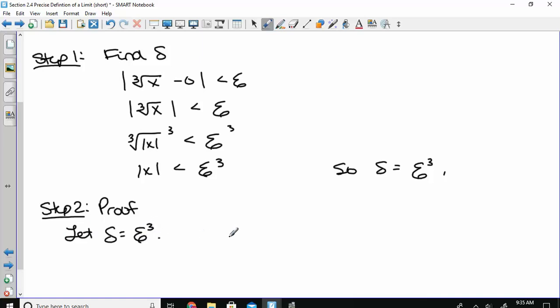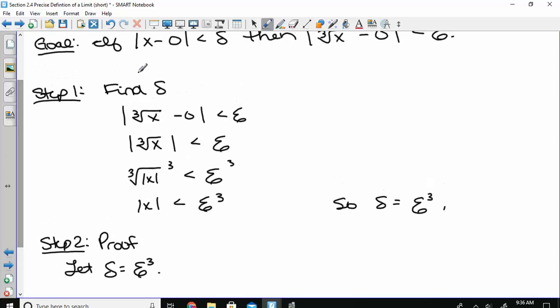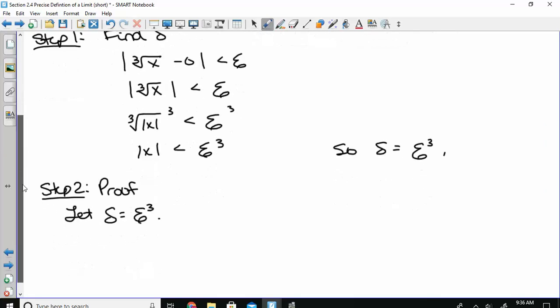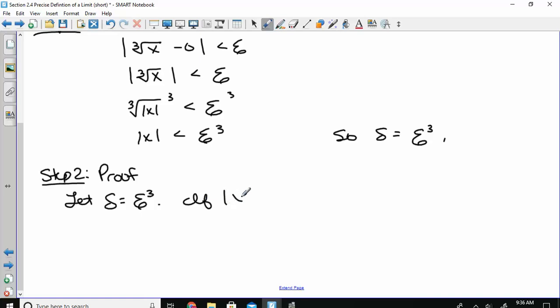So step 2 is when we prove this. We start with the delta equal epsilon cubed. And then we're writing this piece. The absolute value of x minus 0 is less than delta. And the absolute value of my function minus my limit. Now, we're just doing the same thing we did before.